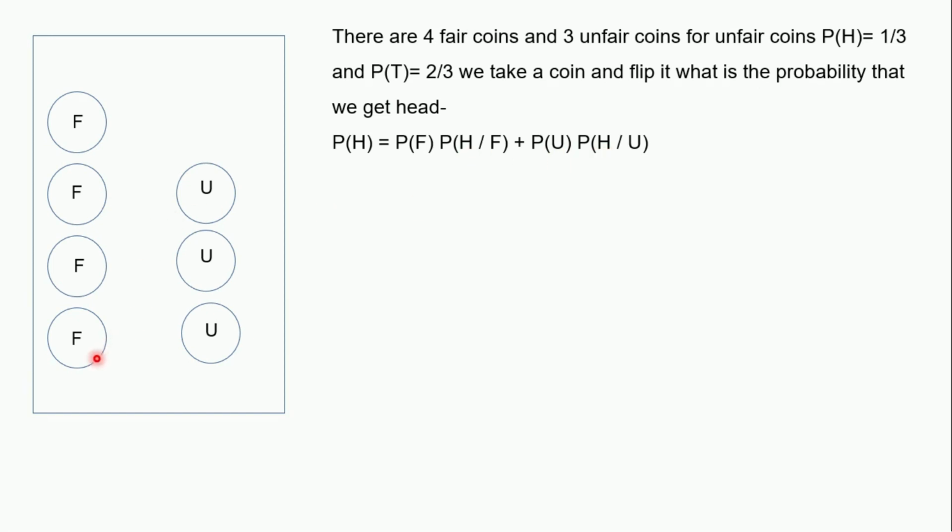Now there are a total of 4 fair coins and the total number of coins is 7. So the probability that we flip a fair coin equals 4 by 7. Therefore we write 4 by 7 here, and the probability that we get head given that we flipped a fair coin is 1 by 2.